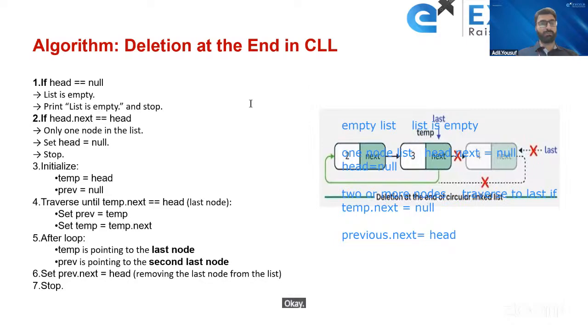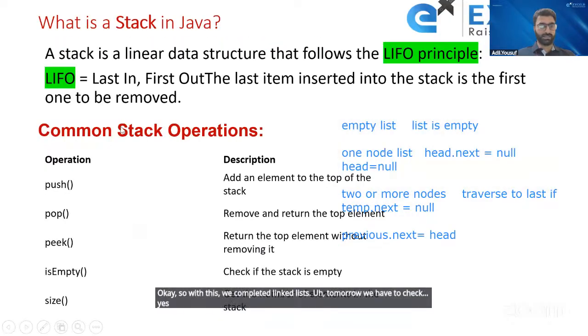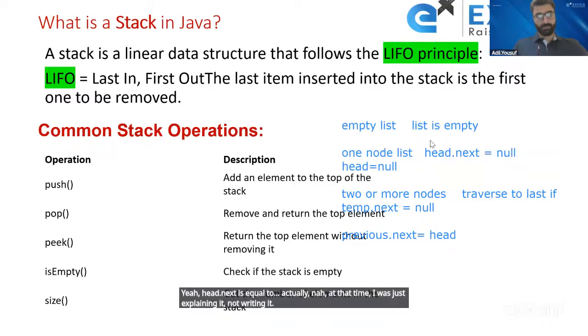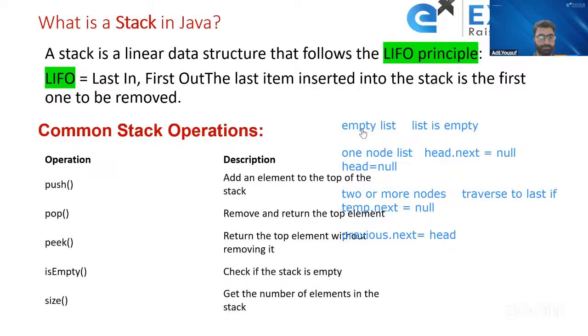Okay, so with this, we completed linked lists. Tomorrow we have to check stacks. Head dot next is equal to... at that time I was just explaining it, not writing it.